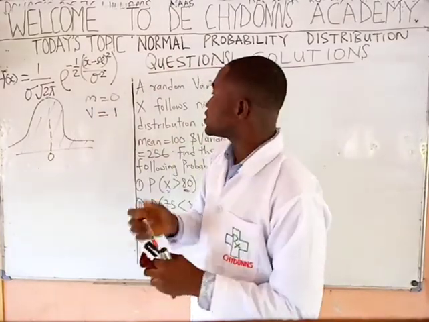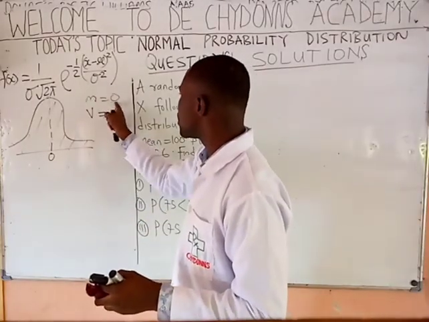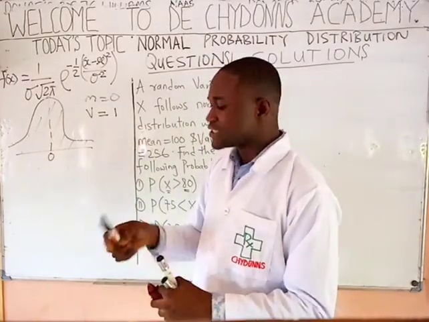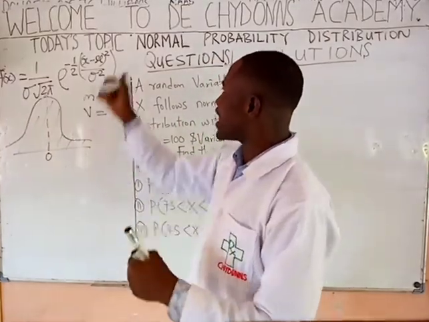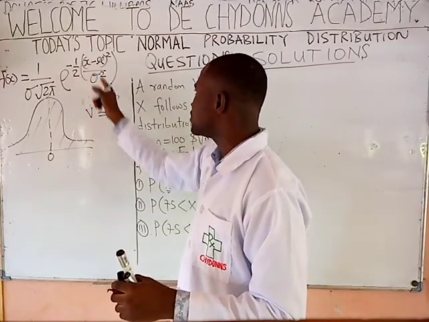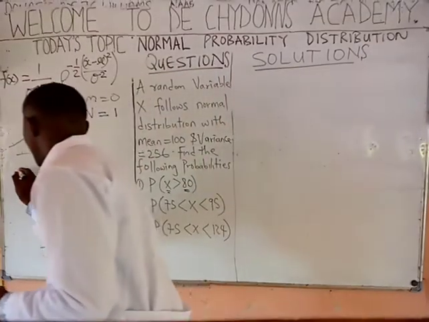Now, since this normal probability distribution has a mean of 0 and variance of 1 for the standard normal curve, the function for the standard normal curve will take the value of mean equal to 0 and variance equal to 1. So see what we will have.